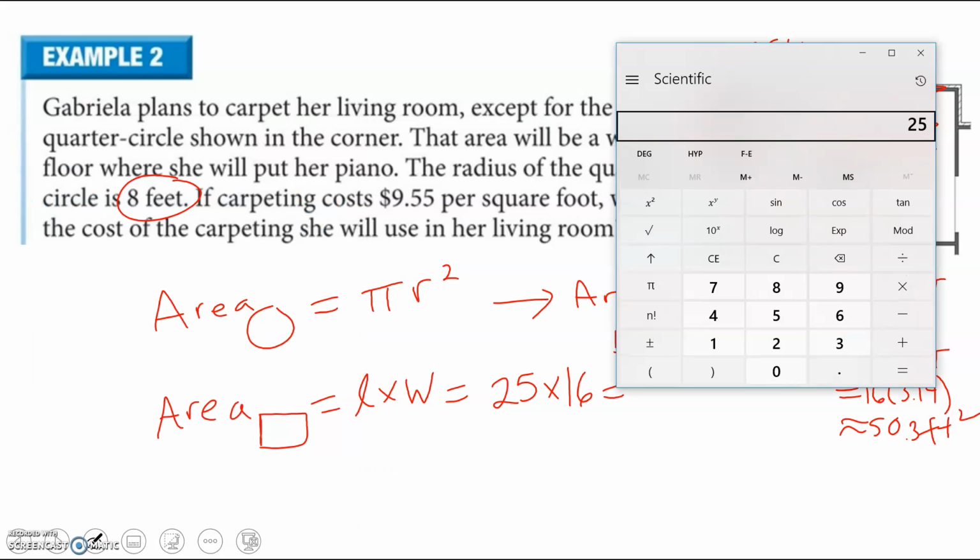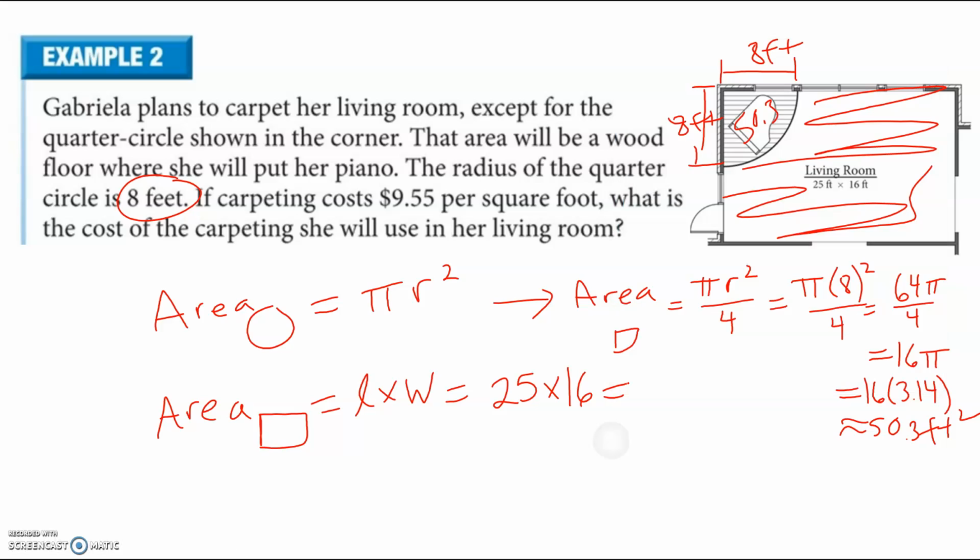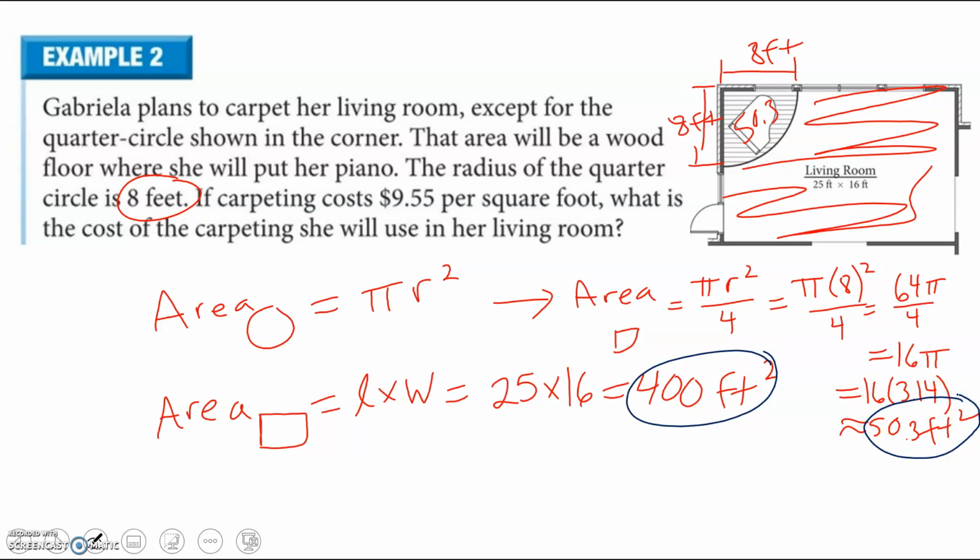So we have 25 times 16, which is an area of 400 square feet. So what we're going to do then is we're going to take the area of our rectangle and remove the area of the 1/4 circle.